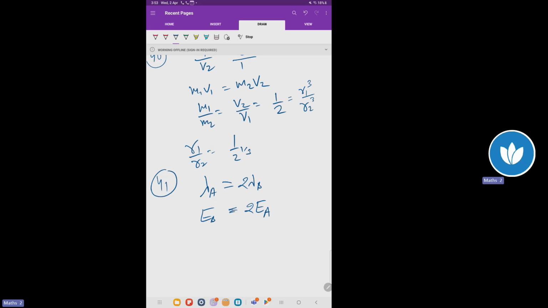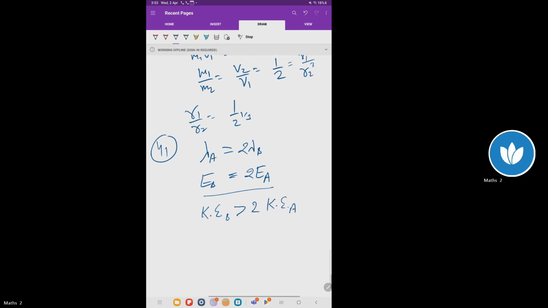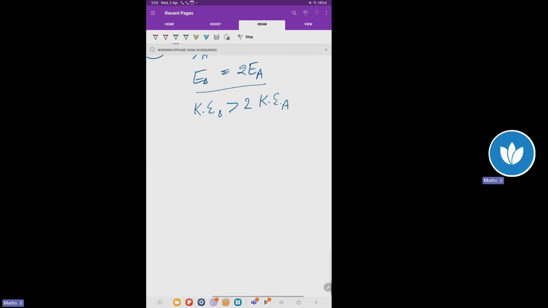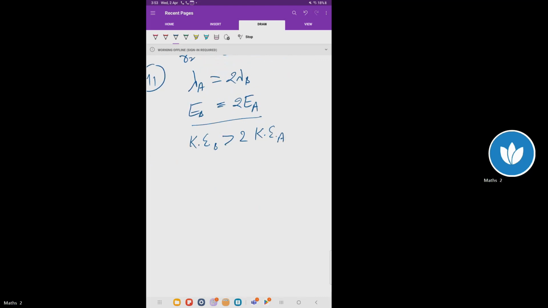And if the energy is twice and work functions are the same, then kinetic energy in case of B is more than 2 times the kinetic energy of A. Option B.